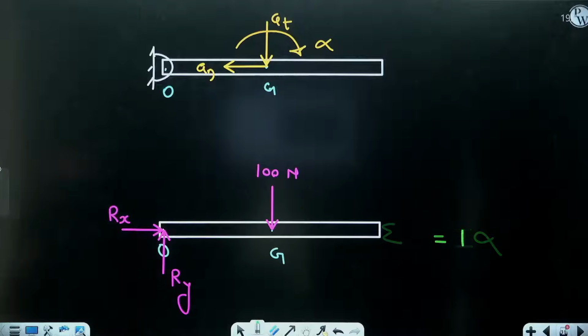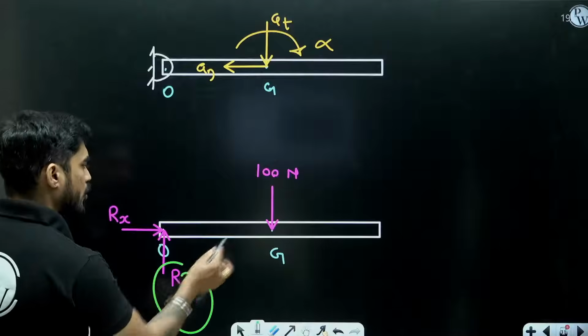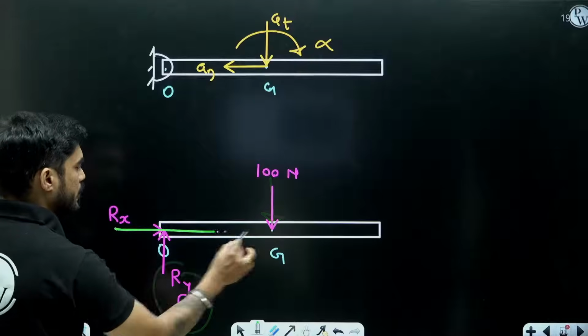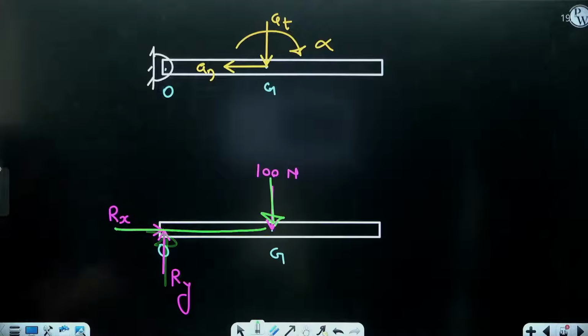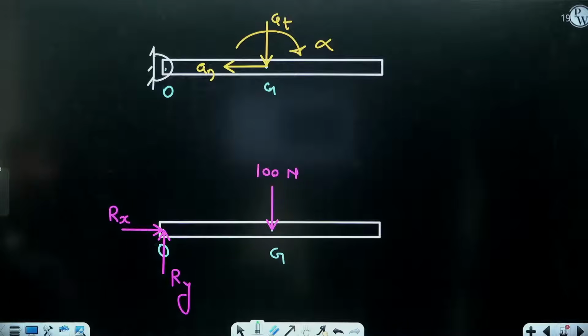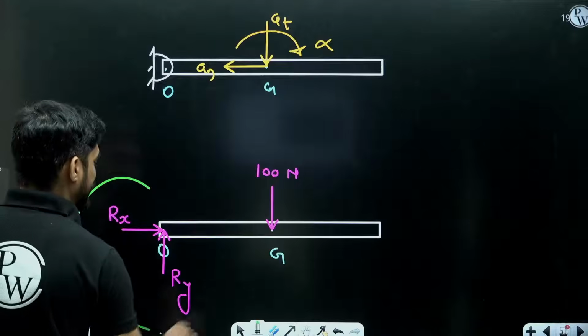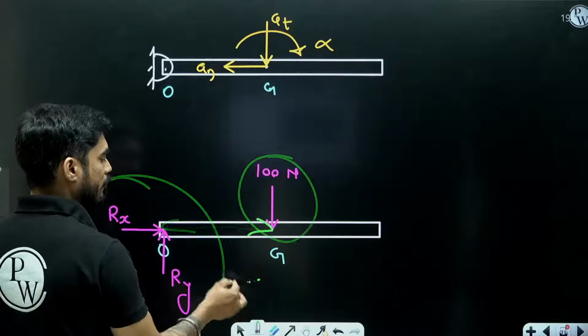If I take moment about G, I will have to take moment of Ry. Moment of 100 will be 0, moment of Rx will be 0. But I will have to take moment of Ry, and right now I don't know Ry. But if I take moment about O, then Rx and Ry will become 0. Moment of 100 Newton I can calculate. So I can find alpha.